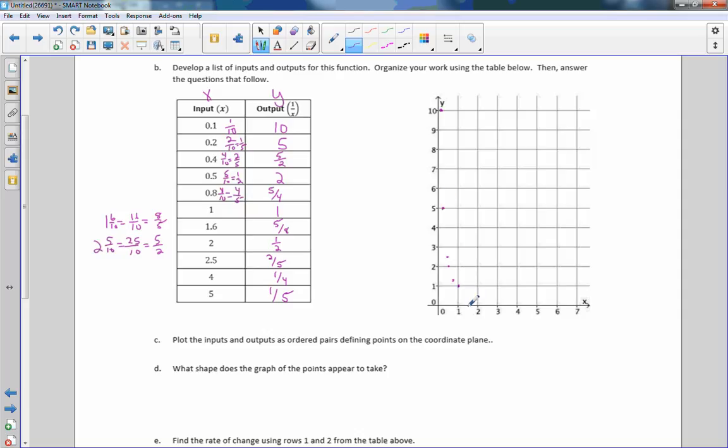All right, so at 1.6, which is a little bit more than 1.5, right about here, I'm going up to 5/8. I drag my pen, so let's fix that. So at 1.6, I'm about there, 5/8. I go over to 2, I'm at a half. I go over to 2.5, I'm at 2/5, which is just under a half.